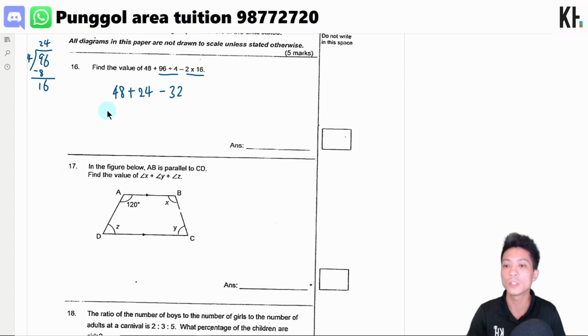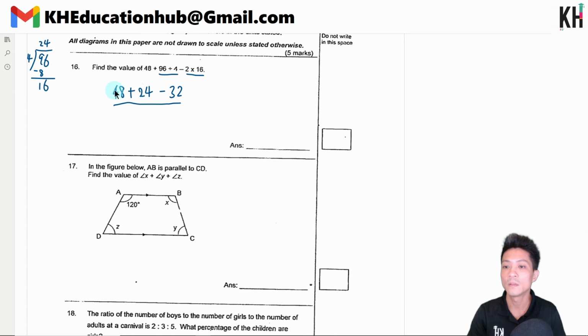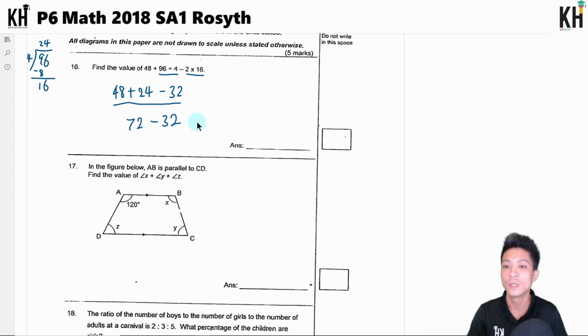Same thing, if you're not very sure, do your working. Now you're left with a plus and minus, right? Remember to do it from left to right. 48 plus 24 will give you 72. 72 minus 32 will give you 40.